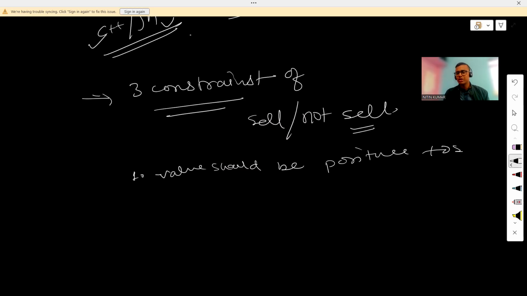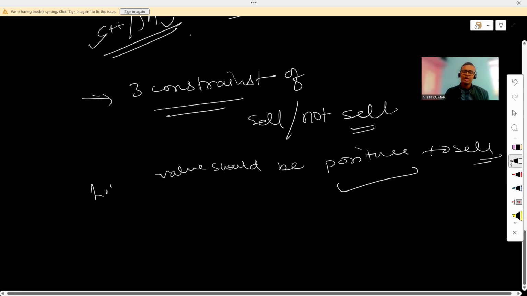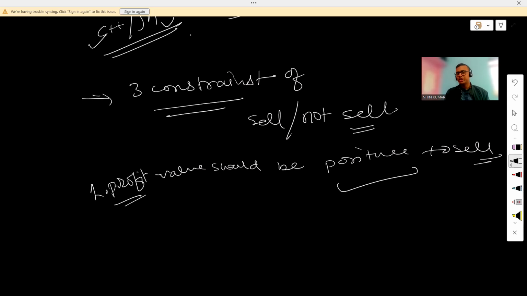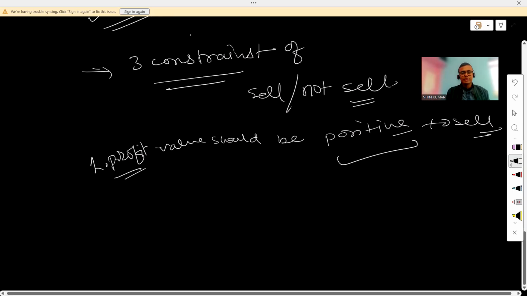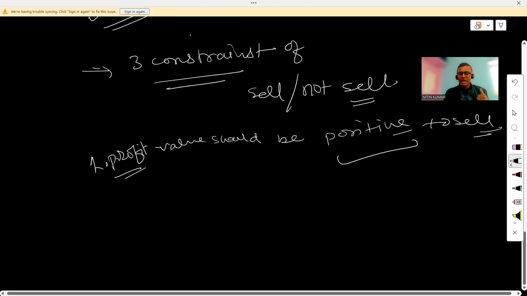Sorry, my bad, let me write it correctly. The profit value should be positive, because if the value is negative, then why would we sell that? We don't have to sell it. This is the first constraint that we have to look for.